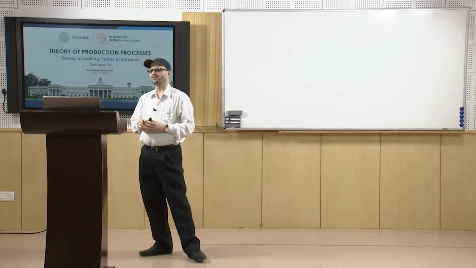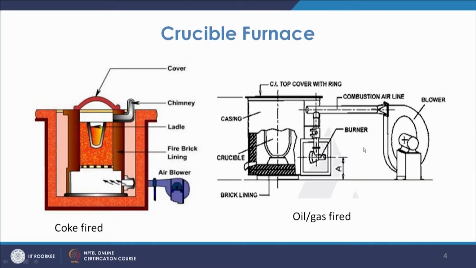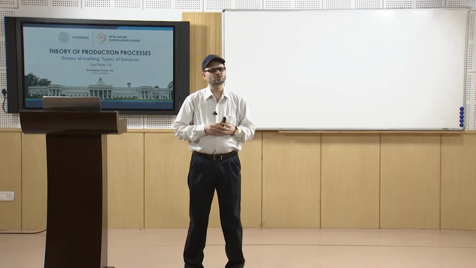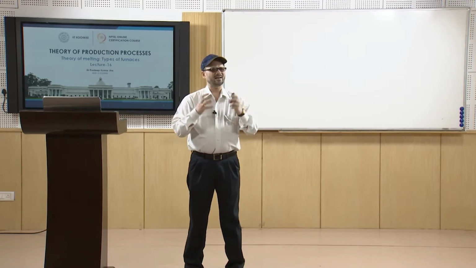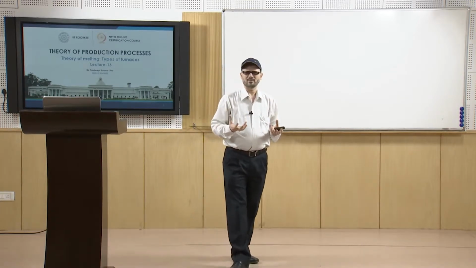So, coming to the crucible furnace. As you see, this is a crucible furnace. In this, you have a crucible which is normally made of clay or graphite, and this crucible is kept, and there will be a heating source, and through this heating source the crucible is heated, and the metal kept in the crucible is melted.